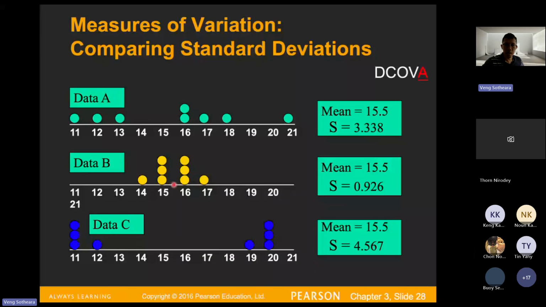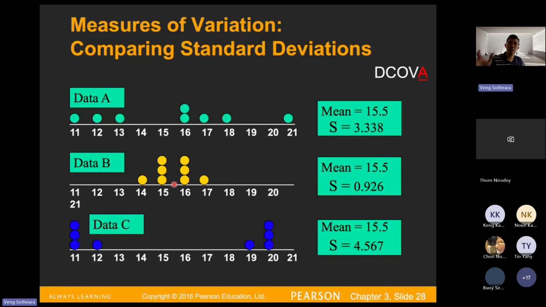It should be at 15.5, right? And the third group is also at the same place. The first group maybe is a little bit hard to observe, but based on calculation, we have the same center at 15.5.